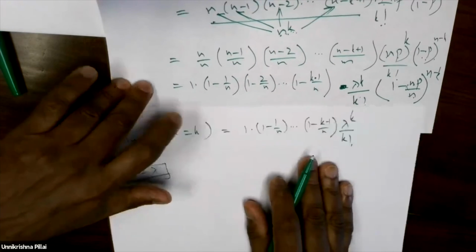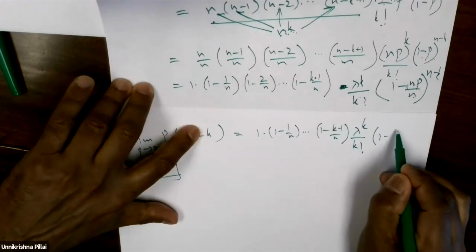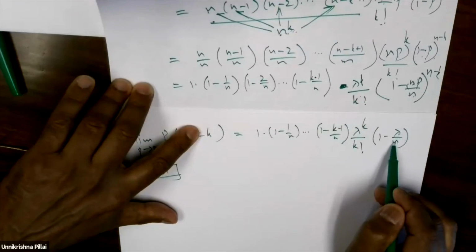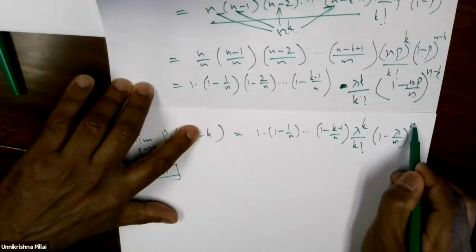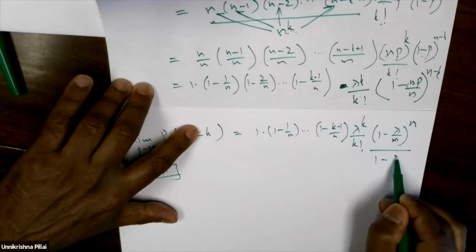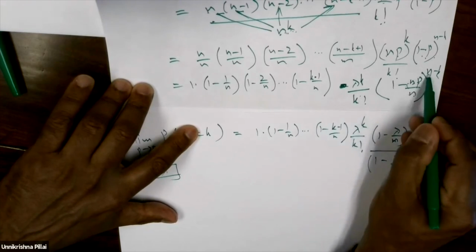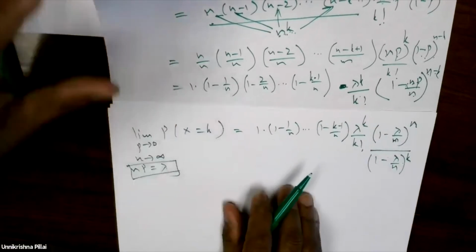And here I have 1 minus lambda over n. Remember, np is lambda. And here I have 1 minus lambda over n to the power n, divided by 1 minus lambda over n to the power k. The n minus k, I wrote it like this.